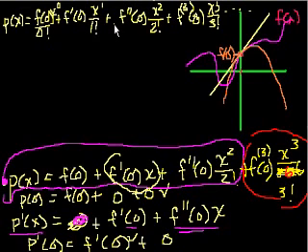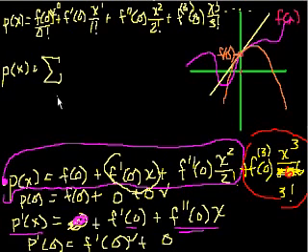So we could do this to infinity, and actually we will do it, and this is called the Maclaurin series. So if we just wanted to approximate this as hard as we can, essentially take the infinite derivatives of it, we get the Maclaurin series. So we are going to define this polynomial p of x as the infinite sum, let's start with n is equal to 0, and we're going to go to infinity.